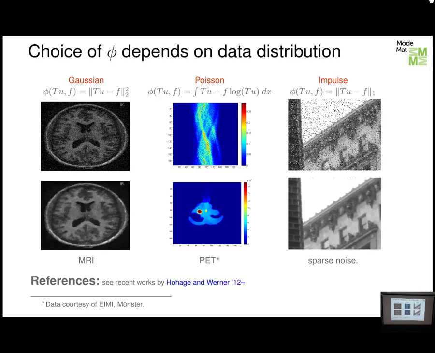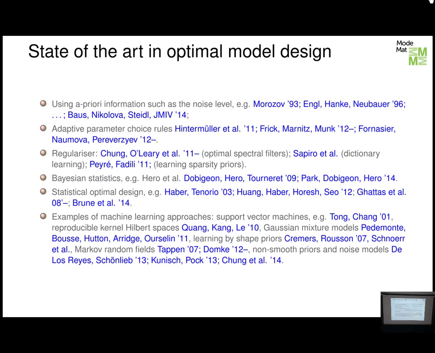For instance, these are the three typical kinds of noise models you use, and you can imagine what happens if you apply the Gaussian noise model to this image. You are not going to recover this one, for instance. So you have to really know in advance a little bit about the acquisition of the machine, or you may want to apply some setting to learn that automatically.